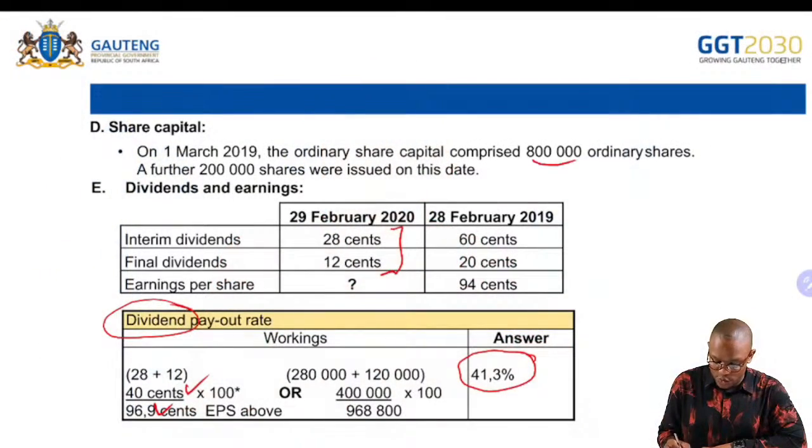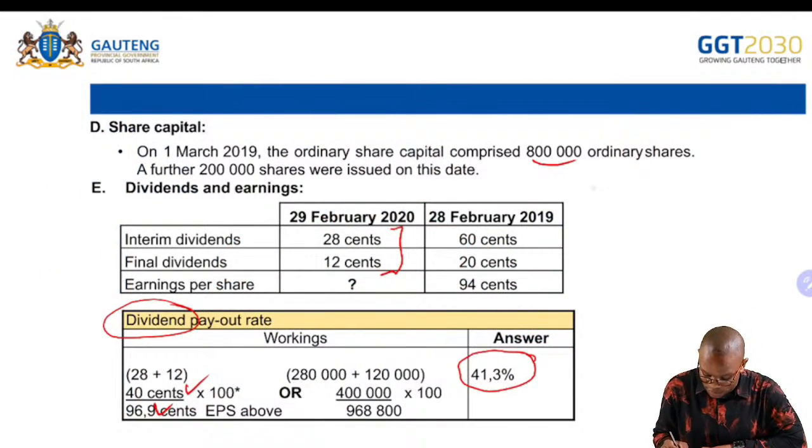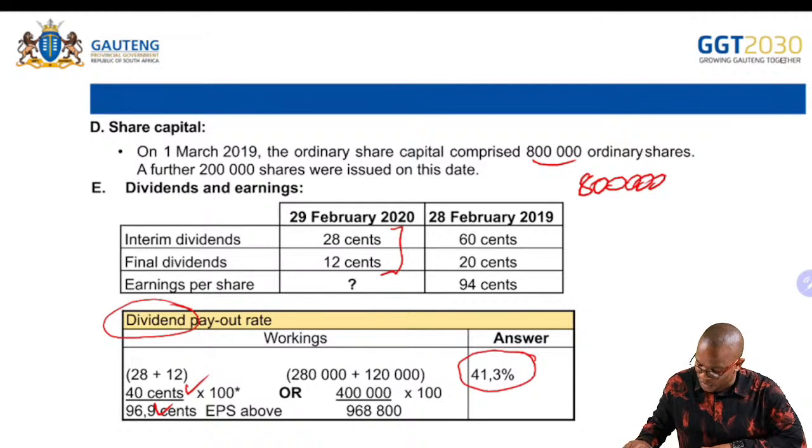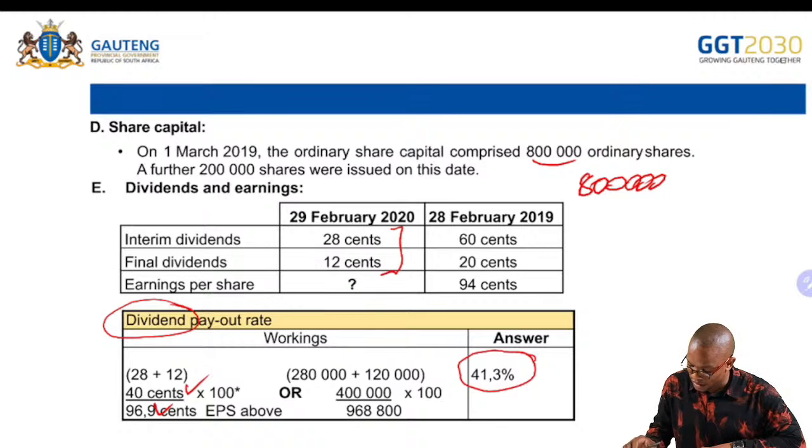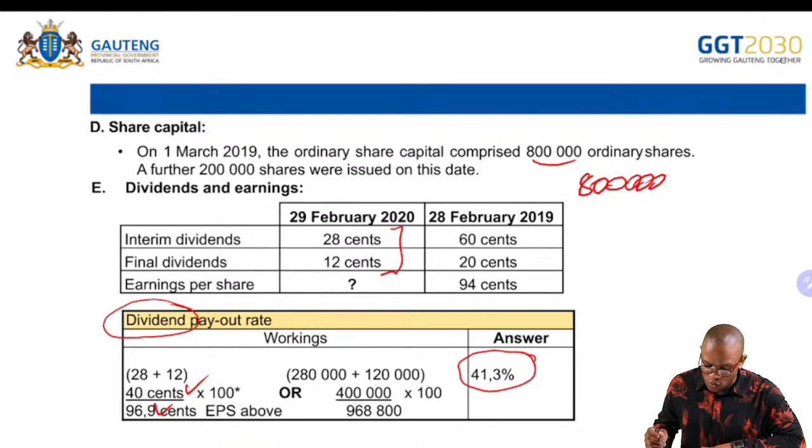Remember at the beginning we had 800,000 number of shares. So if you say 800,000, let's do it together. 800,000 shares multiplied by 28 cents. Remember, actually not by 28 cents. You say 200,000 plus 800,000.